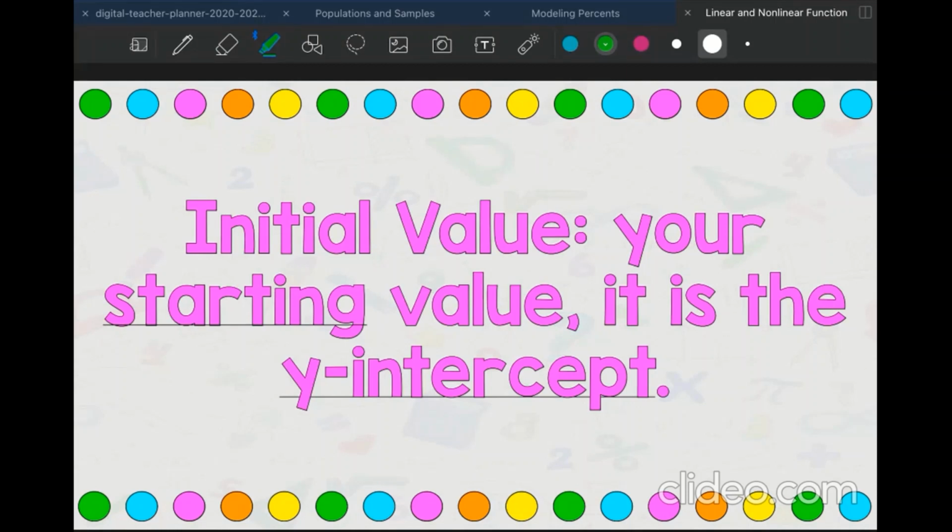Like a car. When you're building a car, it's like, okay, here's your base model. Your initial amount is this. If you add to it, your price is going to go up, like if you want certain features, like a brand new car.